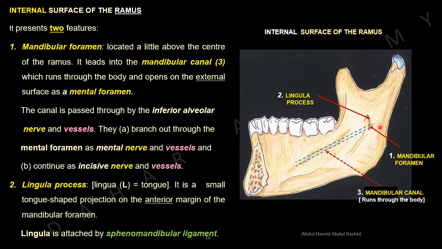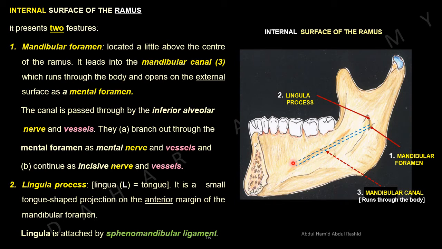This is the mandibular foramen, which is located a little bit above the center of the ramus. It leads into the mandibular canal, which runs through the body and opens on the external surface as the mental foramen. We have already mentioned that one.